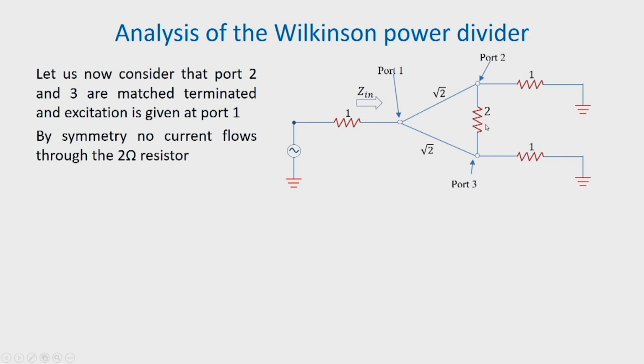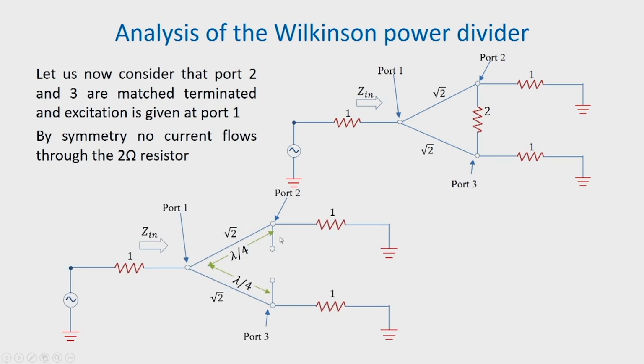So, no current will flow through this 2 ohm resistance. So, when there is no current flow through this, we can see that it is essentially an open circuit.